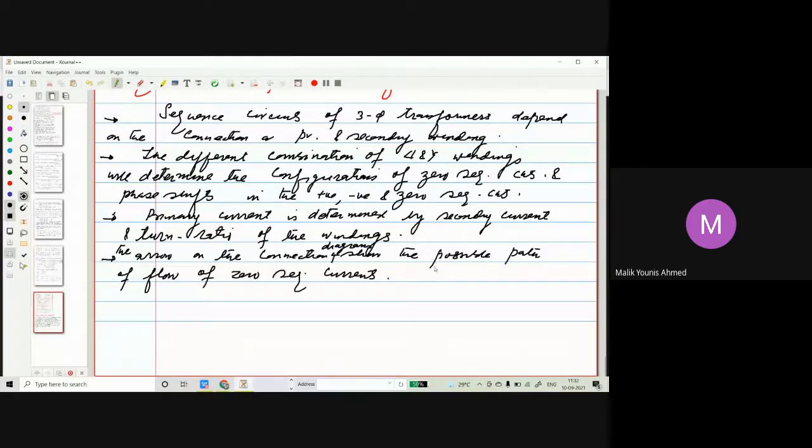So whenever there is no arrow, the absence of an arrow indicates that the transformer connection is such that zero sequence currents cannot flow.